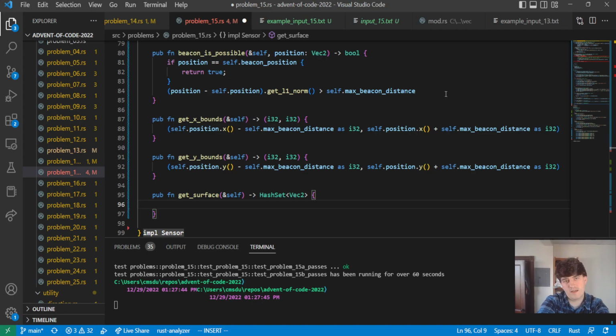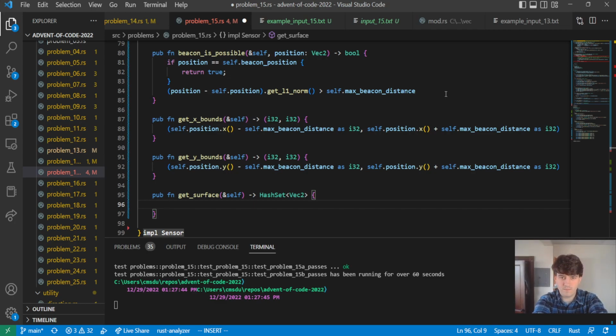And what to say here? So we want to go max beacon distance +1 across and up, and then we want to go diagonally to the others. It's probably the easiest way to generate this.